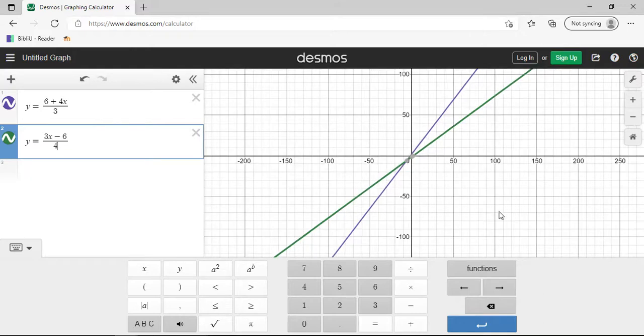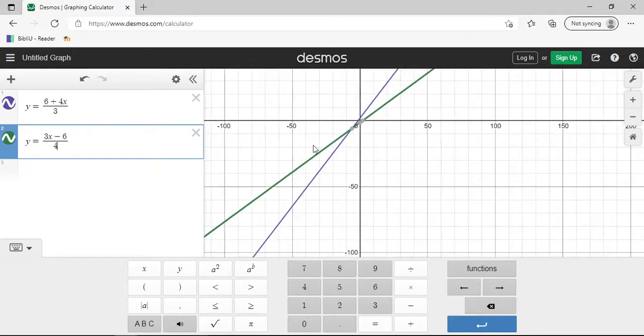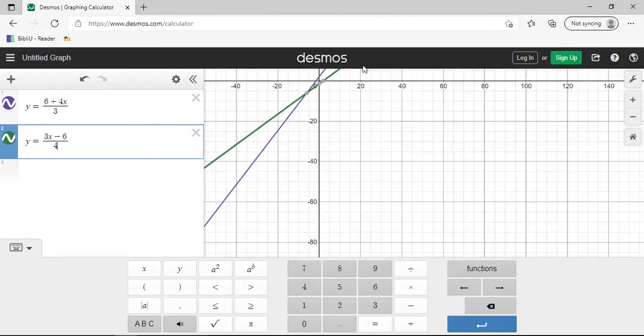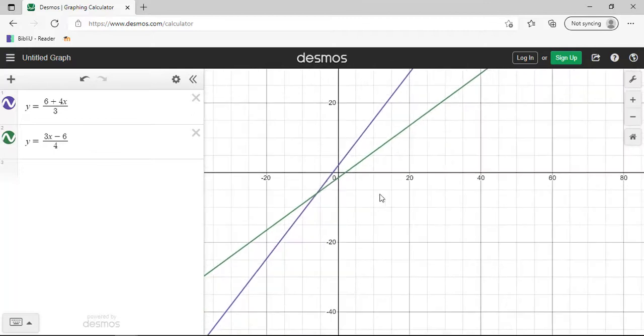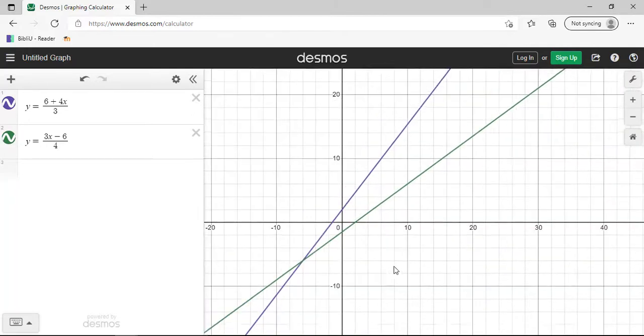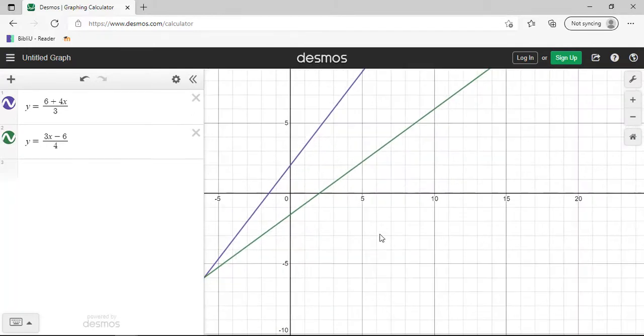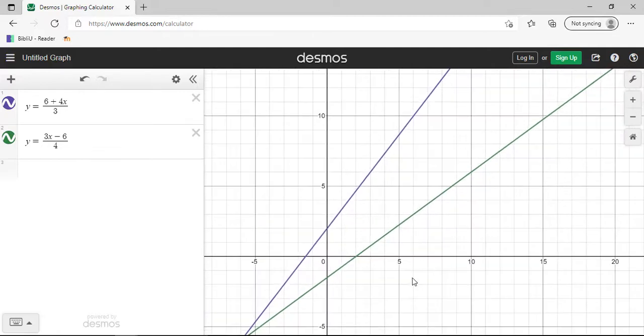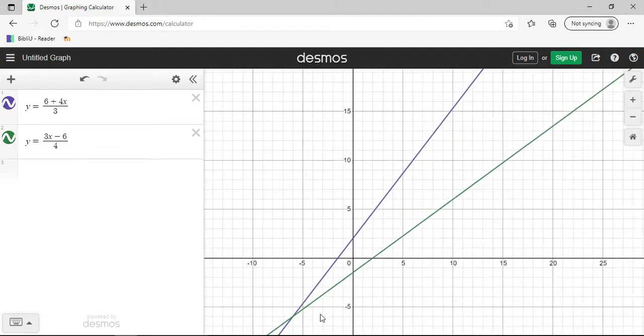Now, if we stretch this out, because you see I'm more so in the 50s and 100s, but on your table, you may go down to maybe about the 5s, 10s, or something like that, where you won't see the intersection, but we do see the intersection point here, which is -6, -6.